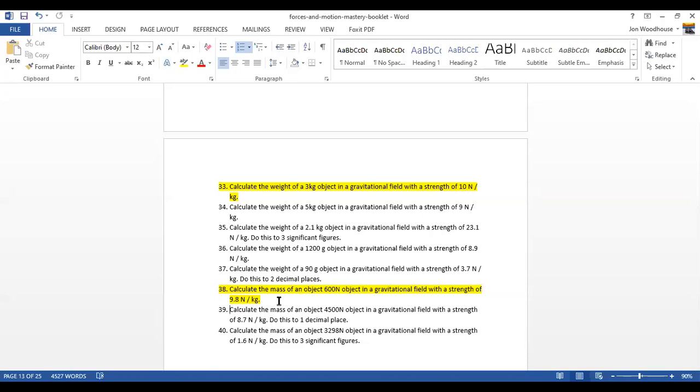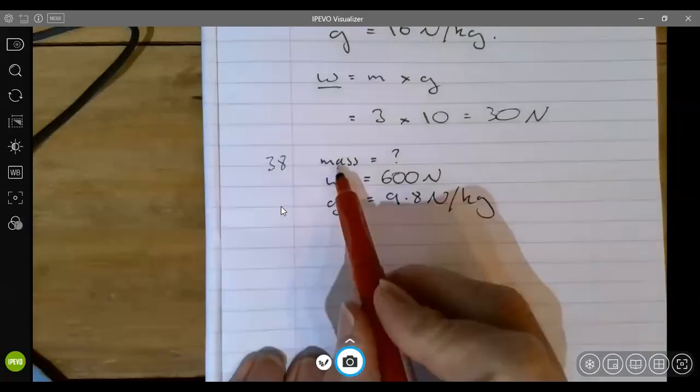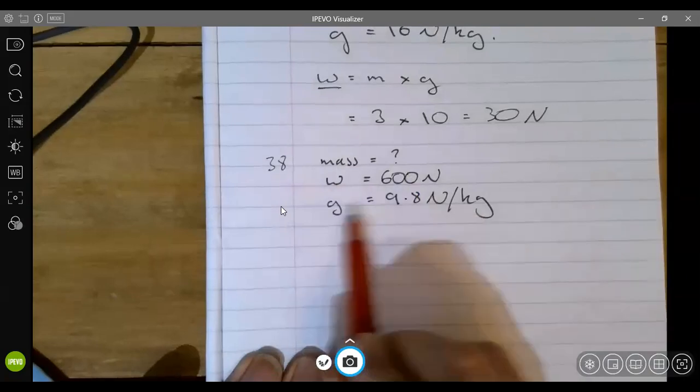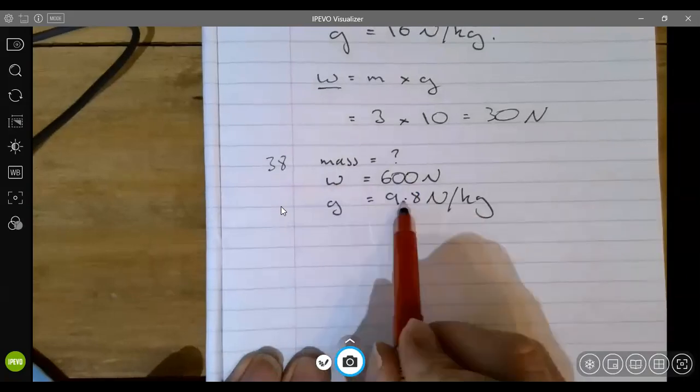So it's got a weight of 600 newtons, and it has a gravitational field strength of 9.8 newtons per kilogram. So I've just been writing down what I need to find out there, which is mass. I've been writing down my data, which is weight, 600 newtons, and gravity, 9.8.